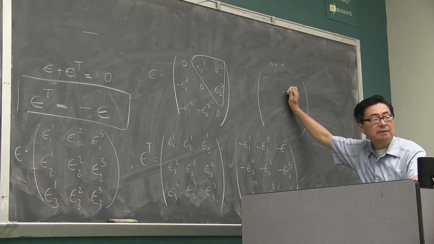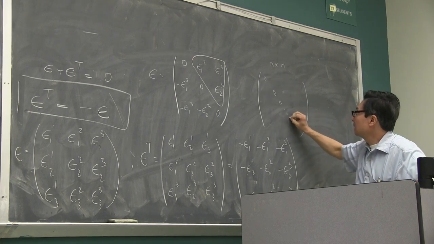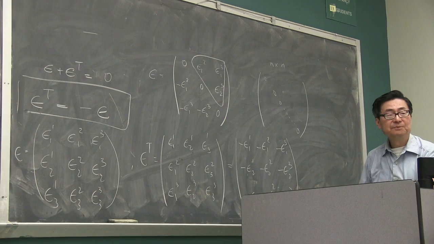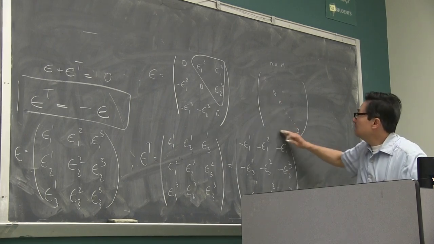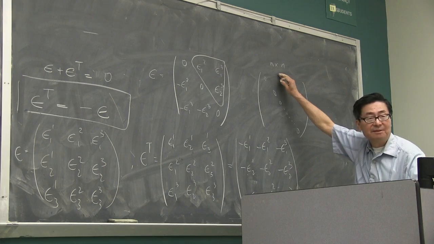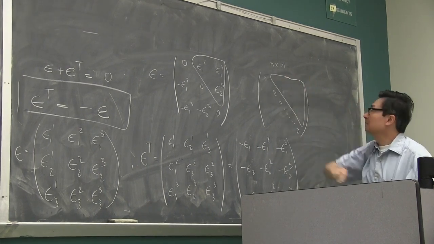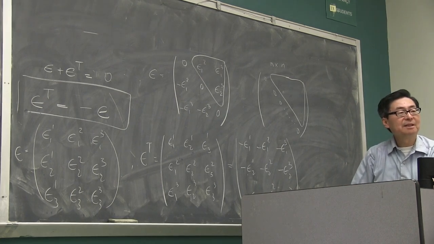I know that all the diagonals must be equal to 0. Because it's anti-symmetric, these must be the negatives of those. So the question is, how many numbers are here in an n by n matrix?